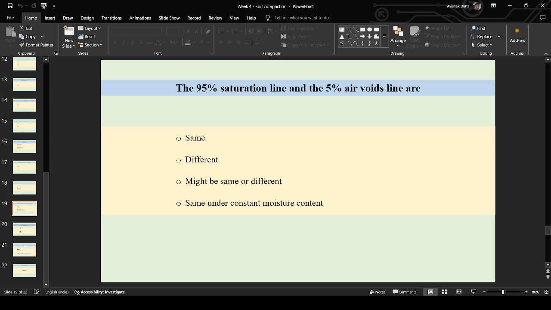I repeat, the 95 percentage saturation line and the 5 percentage air voids line are: first option same, second option different, third option might be same or different, last option same under constant moisture content.